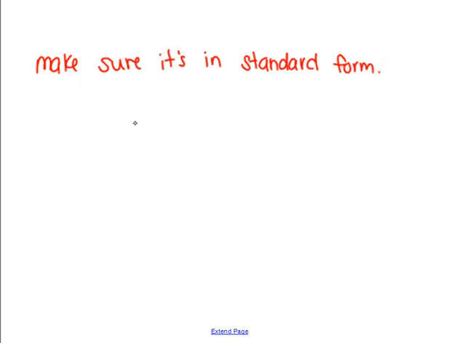So when a trinomial is written in standard form, it's generally in the form ax squared plus bx plus c, where a, b, and c are all just numbers. Today, all the ones we're dealing with, you're going to have a 1 in this spot. So it's basically going to be a 1x squared plus something x plus something.